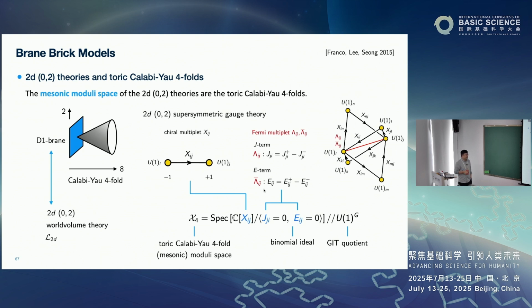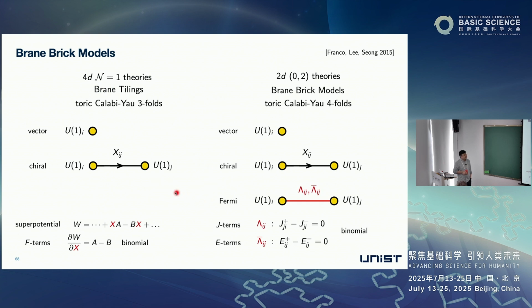Physically, that means the vacuum moduli space of the 2D 0,2 theory. Important, again, the J and E terms are all binomial. They form, therefore, a binomial ideal that gives, by definition, a corresponding toric variety. In this case, an affine toric variety of the Calabi-Yau fourfold.